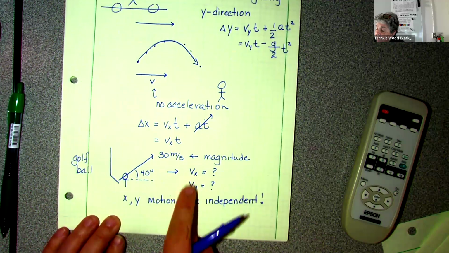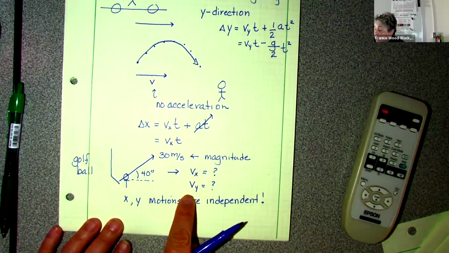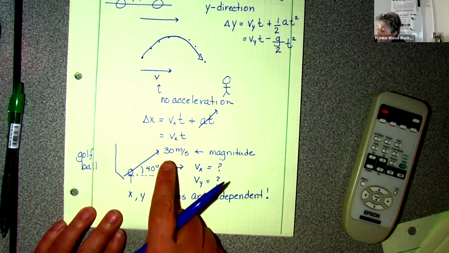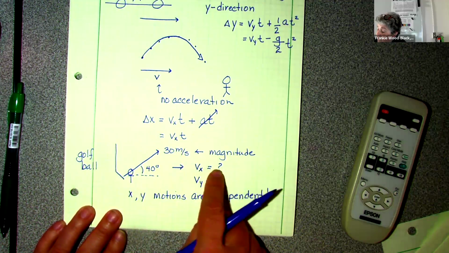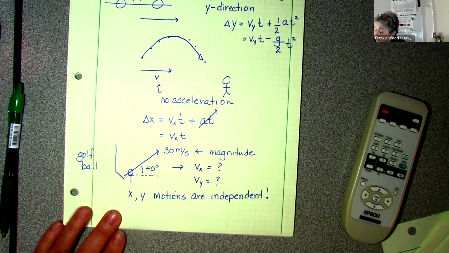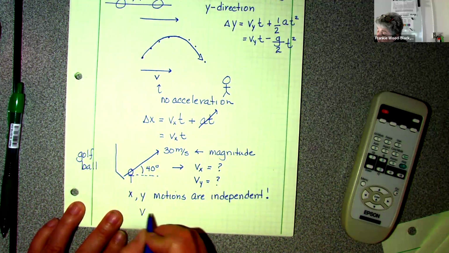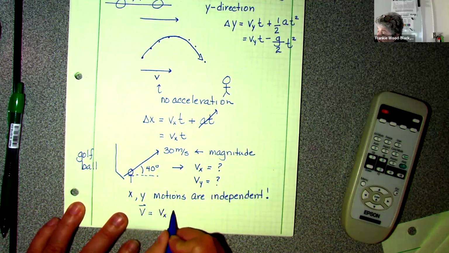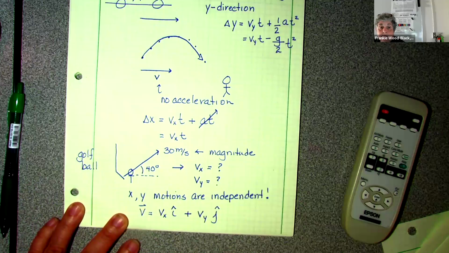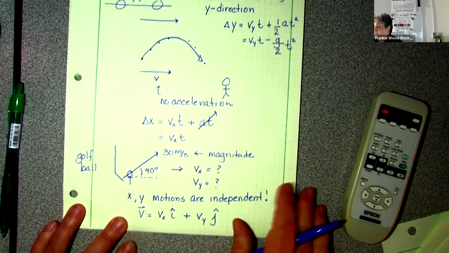So I have to come up with this vector. What that means is I need to write this vector that I now have in polar coordinates into a vector that looks like my individual component parts. I want to write my vector in that form.